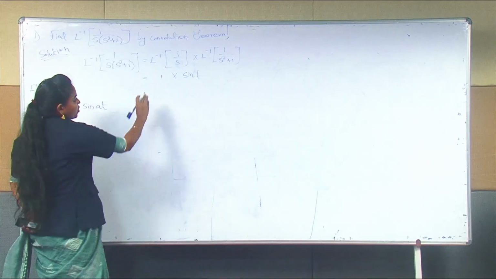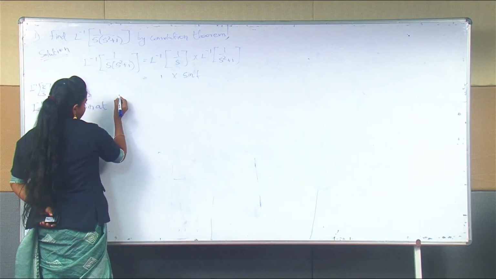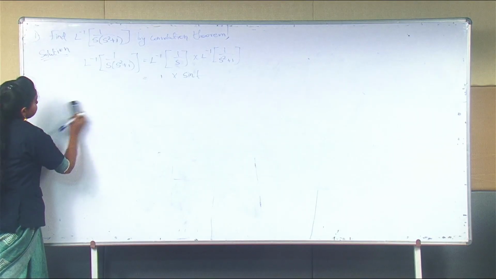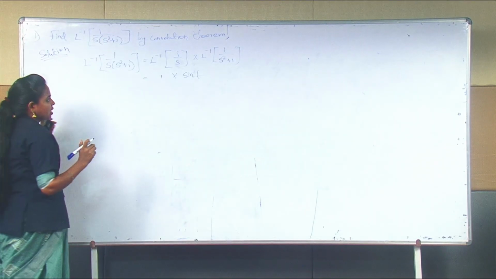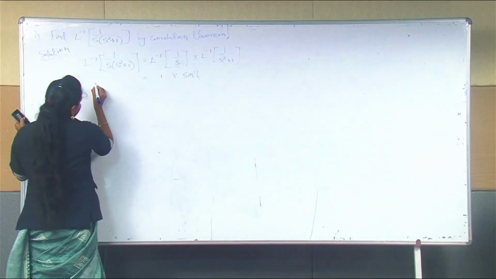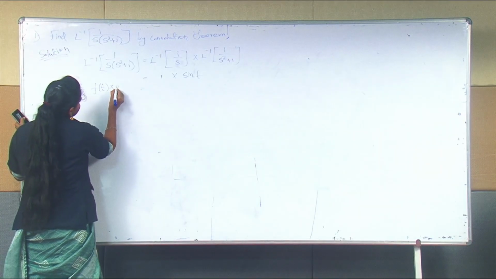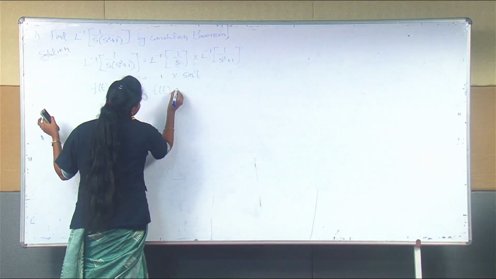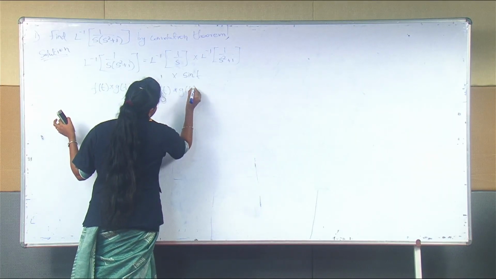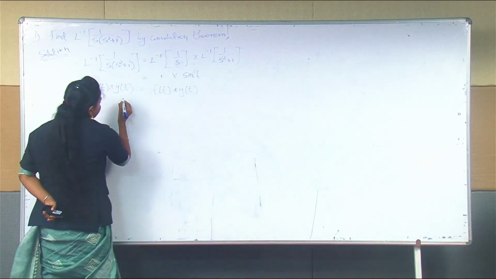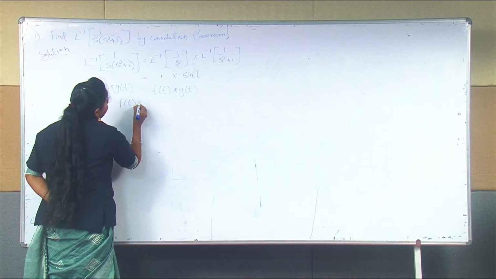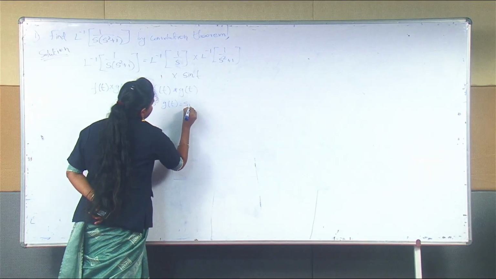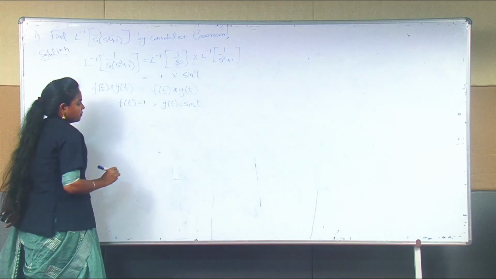So what is our convolution theorem? Now I am erasing this part; you can note the formulas. The convolution theorem says that f of t into g of t is nothing but f of t convolution g of t. Here f of t is 1 and g of t is sine t.